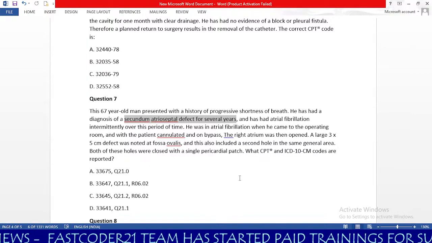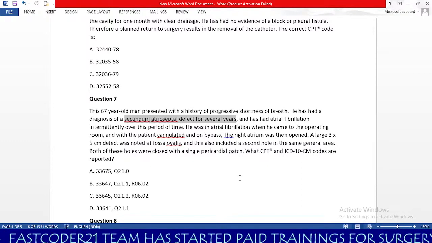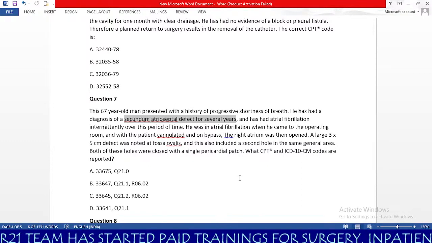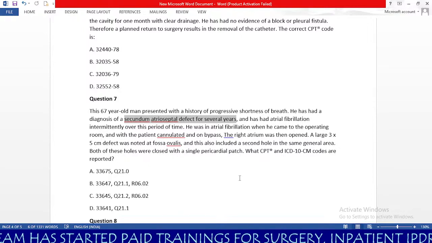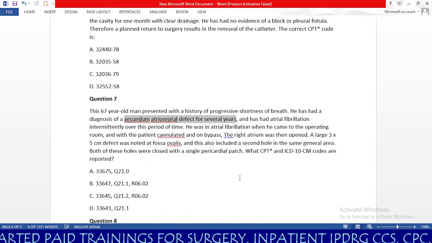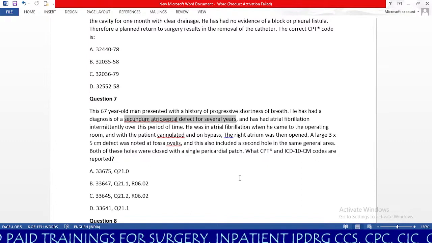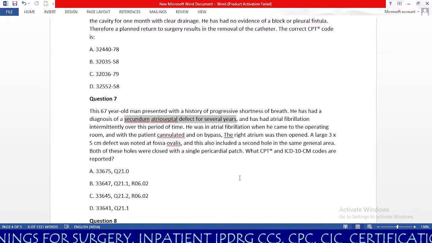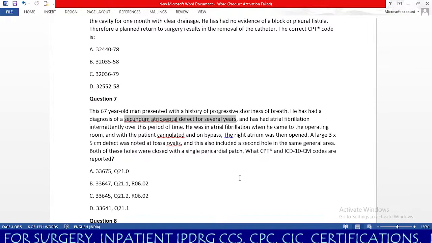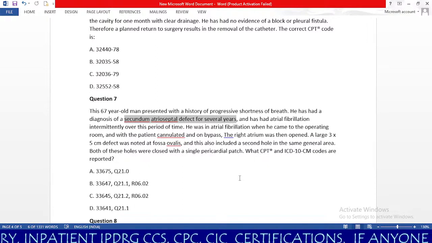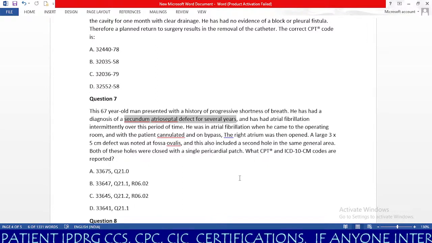You see 33647, what is that? We will check, no worries. 33647 is for repair of atrial septal defect and ventricular septal defect with direct or patch closure. Based on the documentation, the physician has performed only atrial septal defect. There is no ventricular defect. So that's why we need to code 33641.